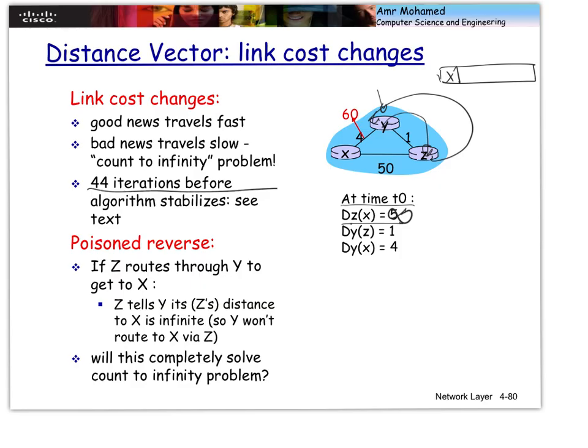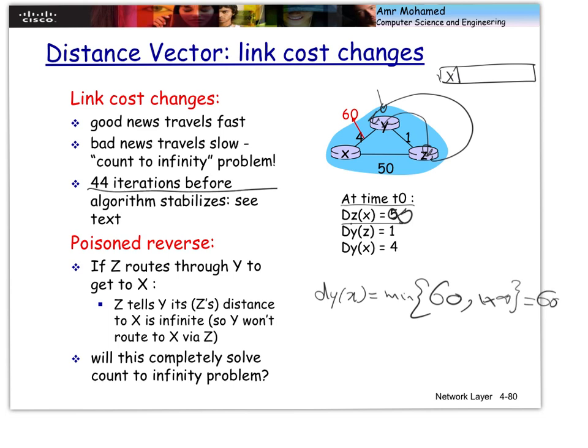So if Z says that my distance to X is infinity and it reports that to Y, then Y will say, okay, so my distance to X is the minimum of 60, which is the direct link, or 1 plus infinity, the poison. 1 plus infinity. So it's 60.